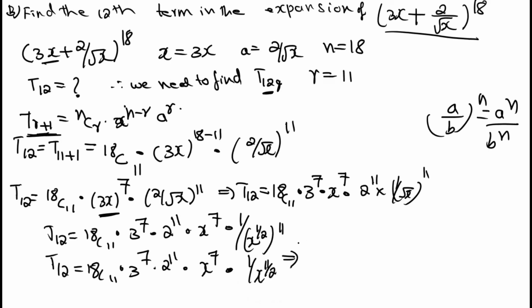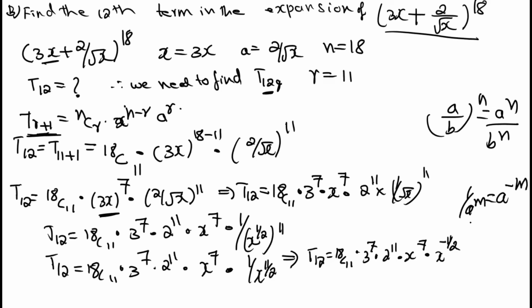Again it's possible to simplify. T12 equals 18C11 into 3 to the power 7 into 2 to the power 11 into x to the power 7 into 1 by x to the power 11 by 2 is there. You can write it as x to the power minus 11 by 2. Why? 1 by a to the power m equals a to the power minus m.